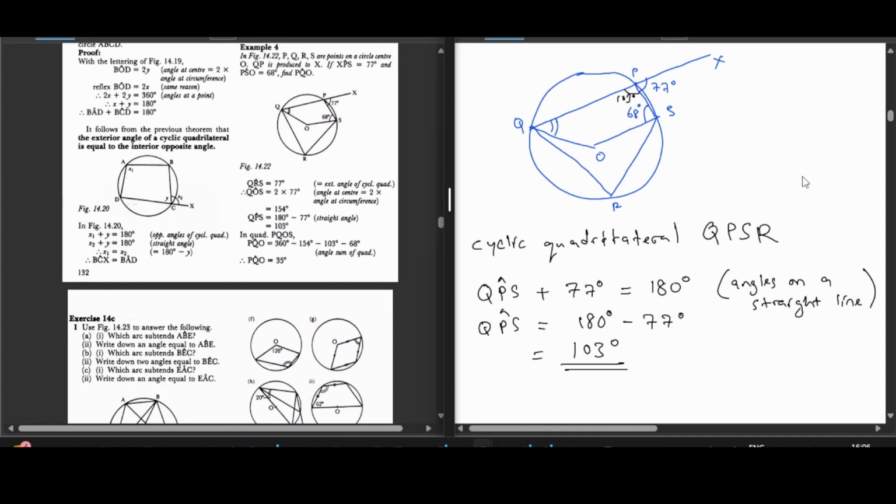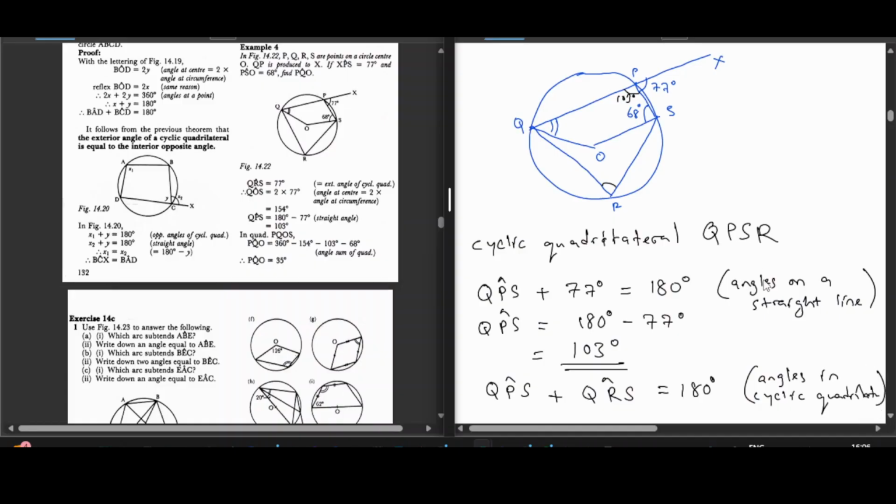But opposite angles in different segments of a cyclic quadrilateral give us 180. So if we are just to add them, QPS plus QRS should give us 180 degrees, angles in a cyclic quadrilateral.